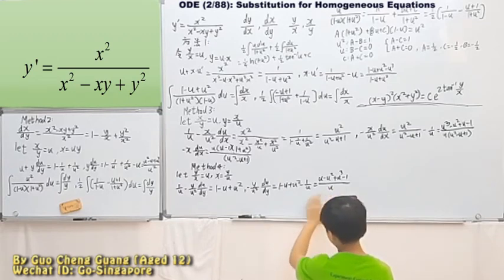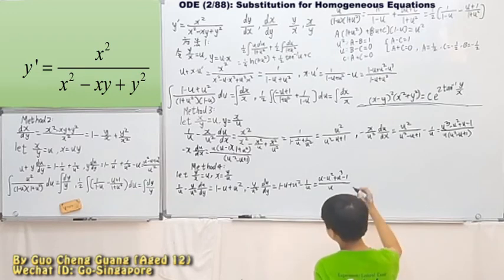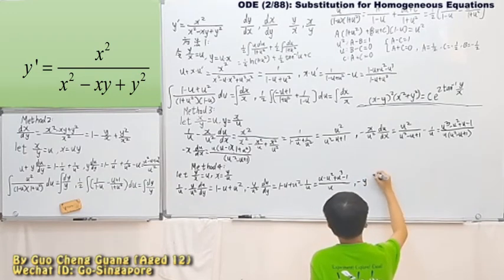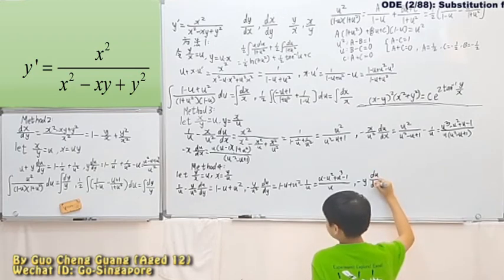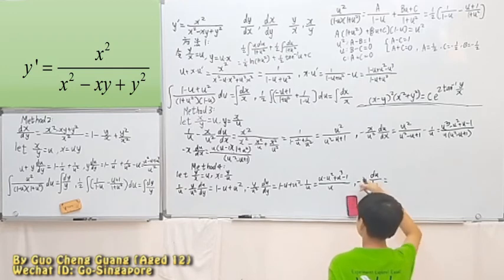Then after that, you change this u squared to the other side. Then from this part, you also can factorize.